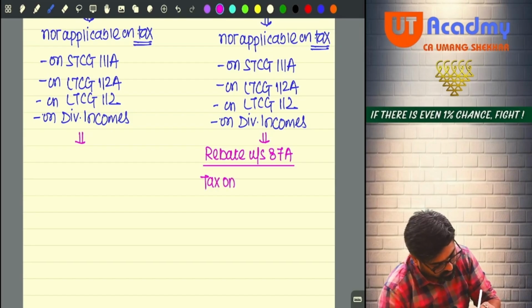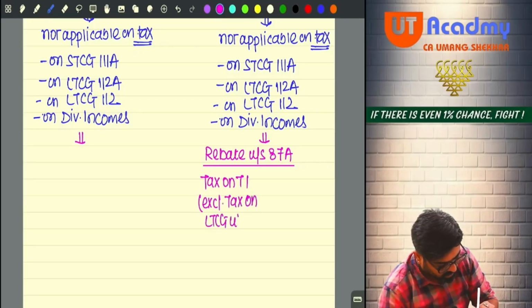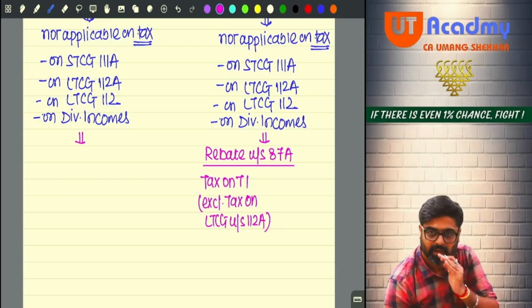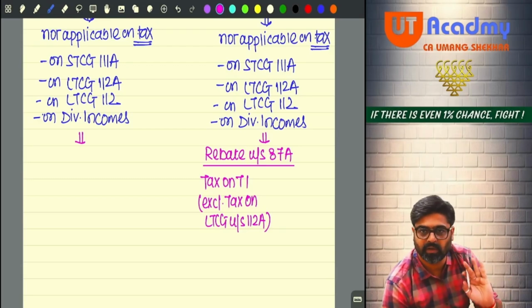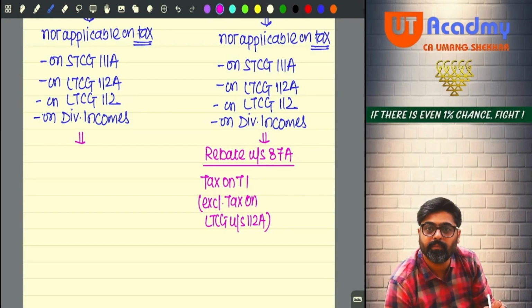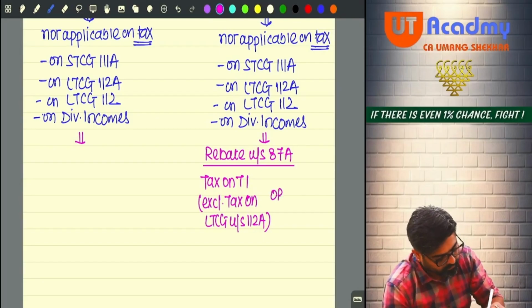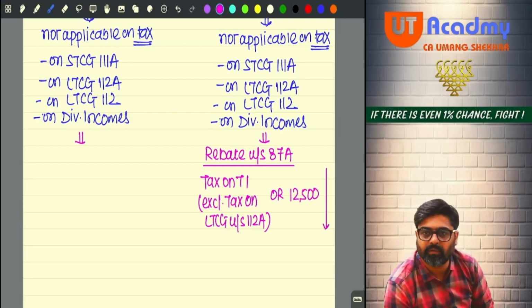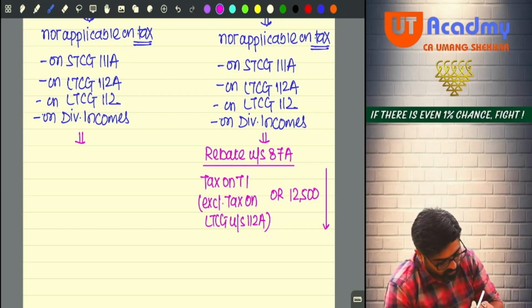Tax on total income excluding tax on LTCG under section 112A, because this tax cannot be taken as rebate. I have already told you. Other than this, whatever tax on your total income is there, you can claim as rebate or 12,500, whichever is lower.